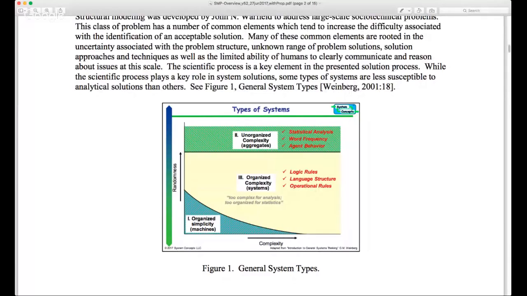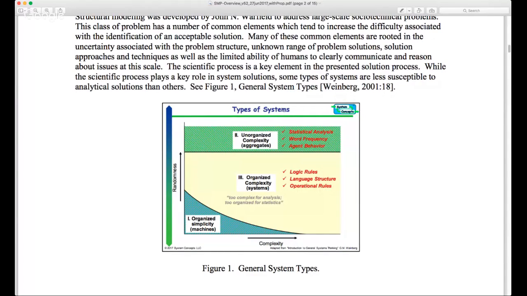And these systems are too complex for analysis and too organized for statistics. I think this is the range where most all of our complex social systems fall in some way.